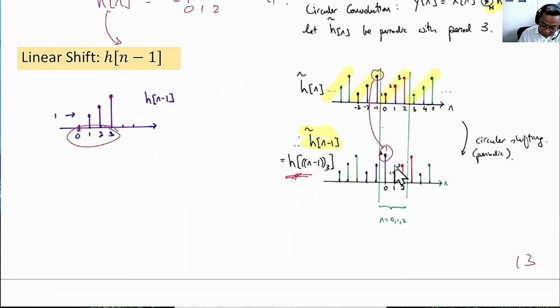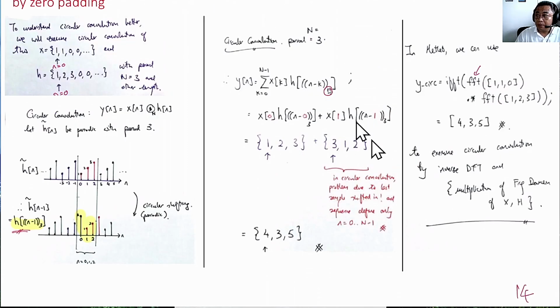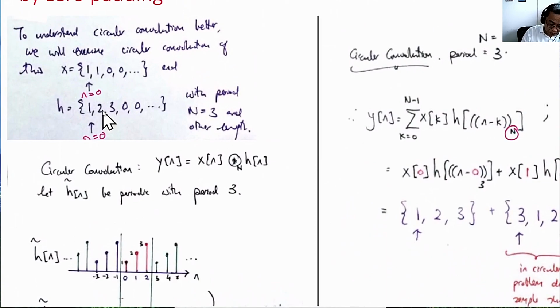And of course, this is going to cause a problem because it is not linear convolution anymore. It is circular convolution. But let us examine what happens when we perform circular convolution with N equals 3. We still have our input sequence x, which is 1, 1, and our h is 1, 2, 3.